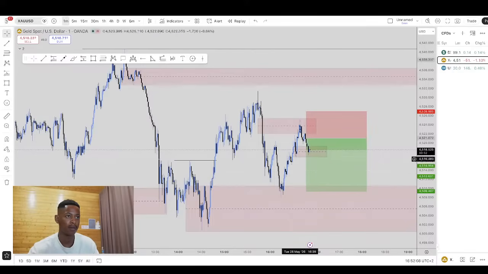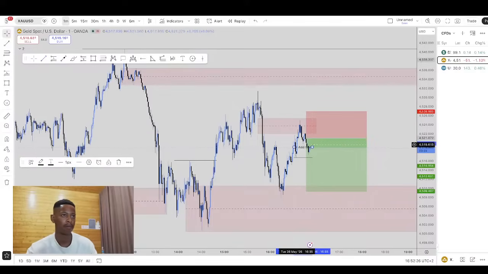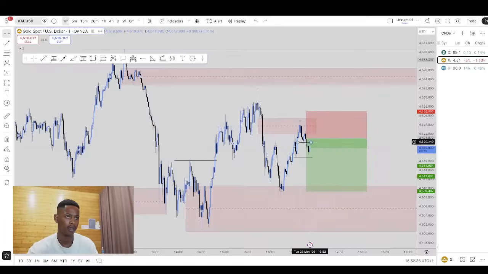If we can just break below, that would be good, because already we had broken below these ones here. If we can break below here, it would be amazing, but let's just see.